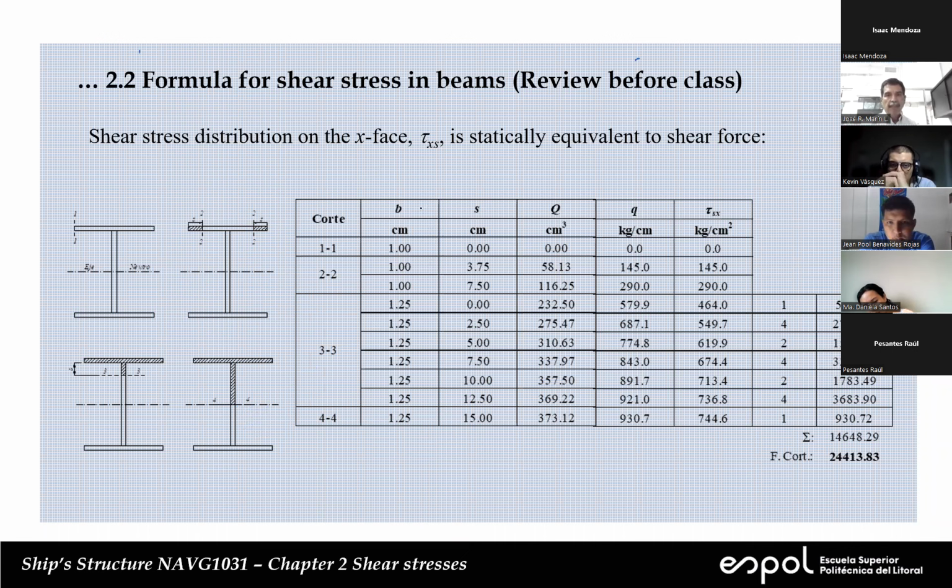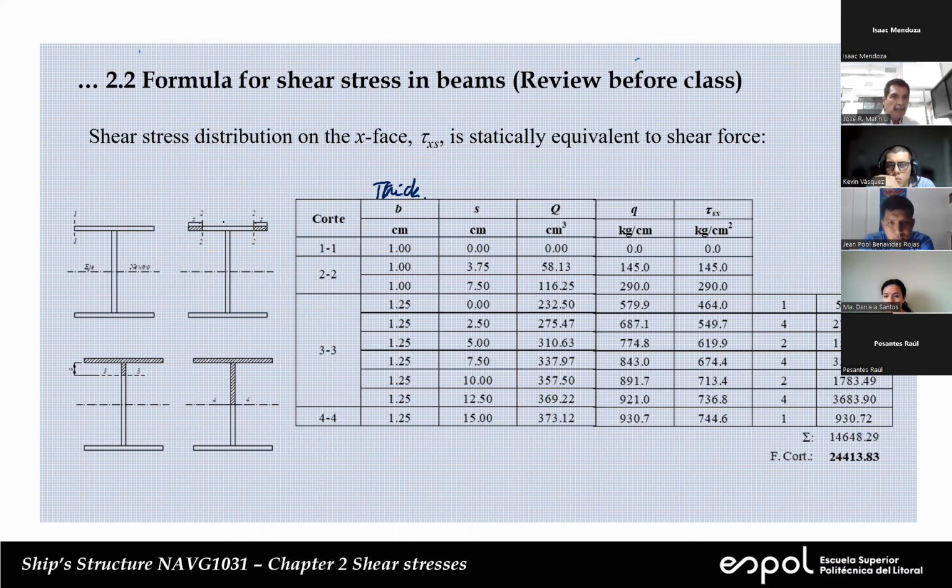Now, in the fifth column, this is basically the thickness. Okay, so for each one, these values correspond to the position S. In this case, I measured S from the edge. So we go S from here, and we go up to 7.5.